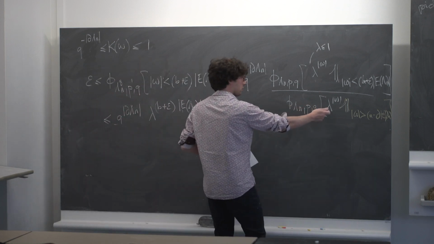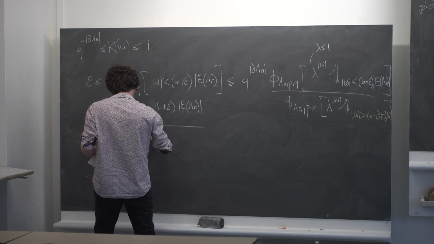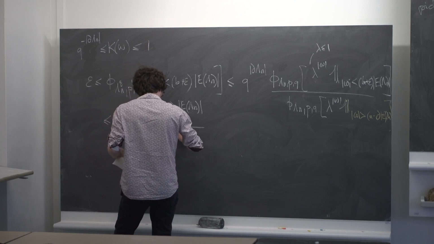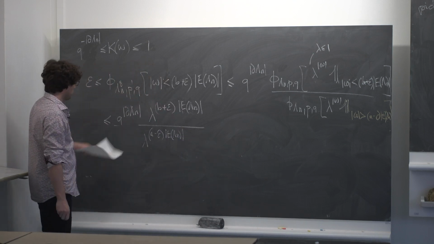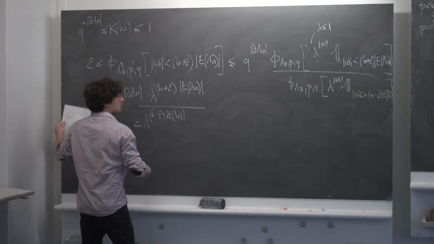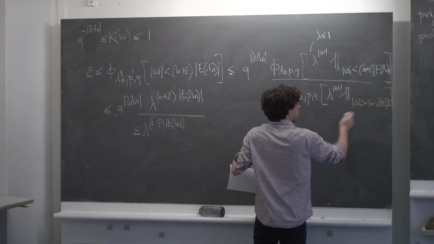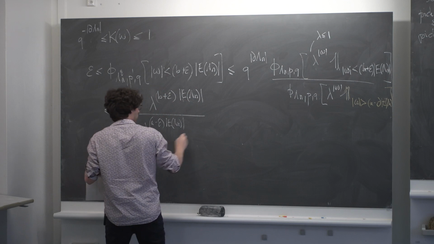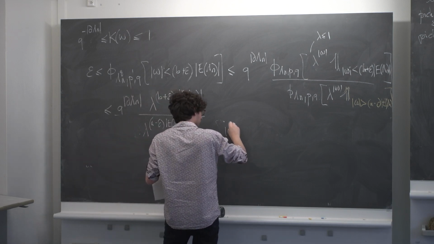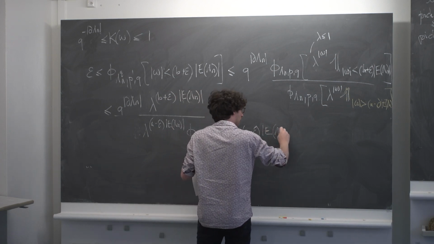And downstairs, using this bound, I can bound by lambda to the a minus epsilon e of lambda n. And both things together give me times epsilon. So here I'm bounding the lambda to the omega by lambda to the a minus epsilon e of lambda n. And then I only get larger than a minus epsilon e of lambda n.